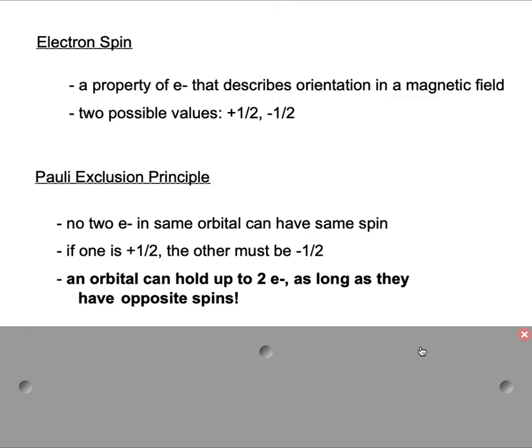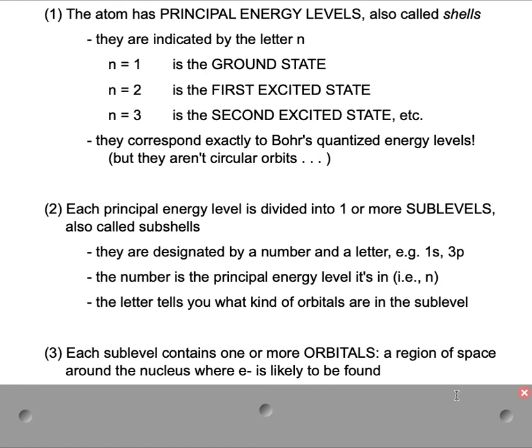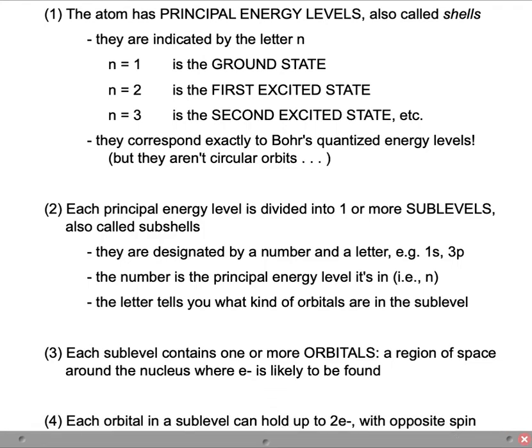That means that an orbital, a single atomic orbital in an atom, can hold up to 2 electrons as long as they have opposite spin. Okay? So now we can add a further part to the quantum mechanical model of the atom, which basically says each orbital in a sublevel can hold up to 2 electrons as long as they have opposite spin.